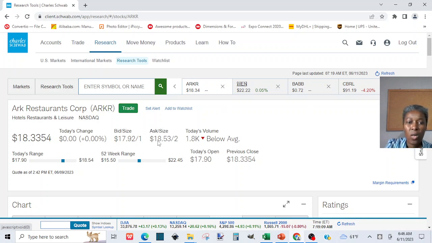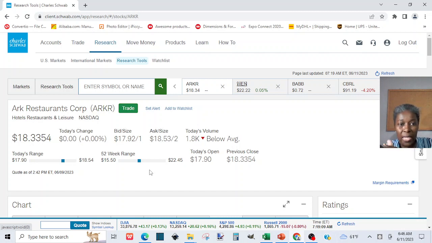So pretty much what you'll try to do is see the difference between the 52 weeks low and the current price, and the difference between the 52 weeks high and the current price. The two differences, you compare them. Which one is higher?